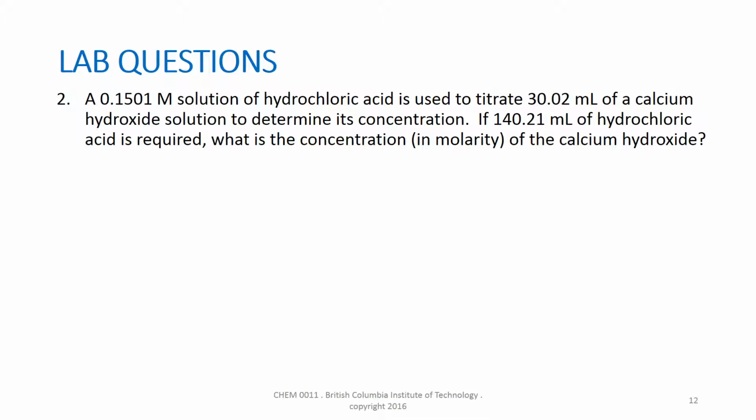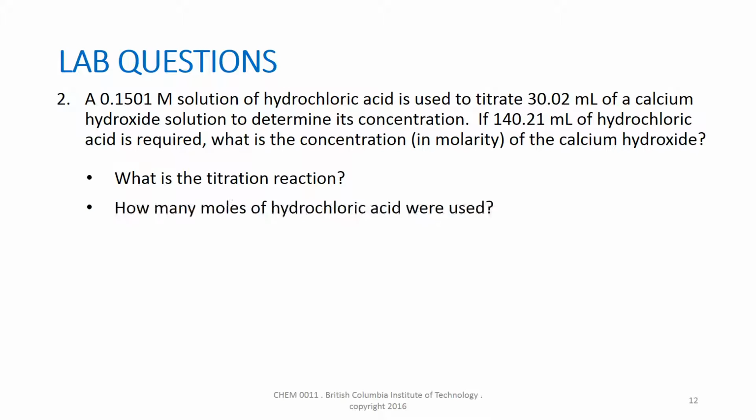The second lab question has to do with calculating the concentration of a solution from titration results. Breaking the problem down into a series of steps can be useful. The following steps can be used. The balanced titration reaction must be considered. From this, the mole ratio between the reactants is attained. How many moles of HCl are used? This can be calculated from the concentration of the HCl solution and the volume of HCl.